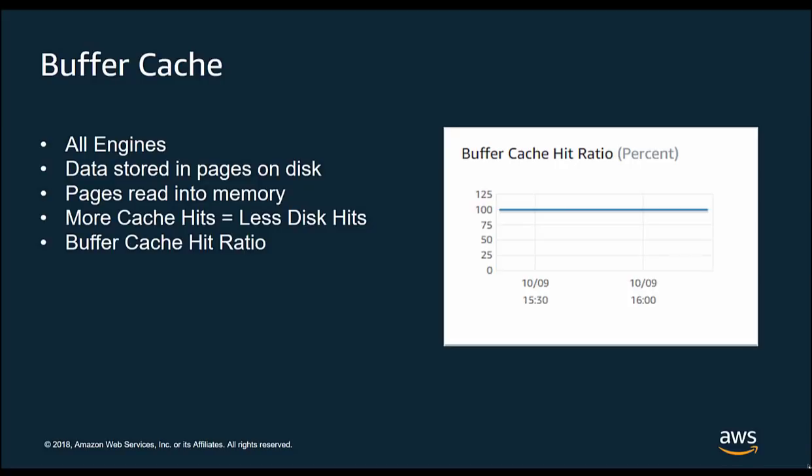And so a very critical metric to look at here is the buffer cache hit ratio. And of course here we have an amazing buffer cache hit ratio in this picture where we're at 100%, and that would of course be ideal. But it's important that we emphasize that we want as high a buffer cache hit ratio as possible.